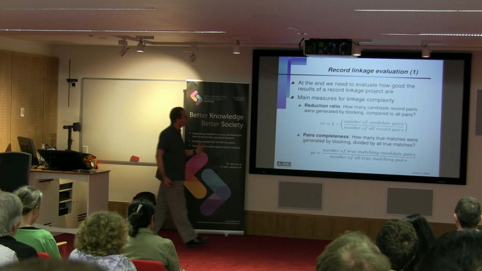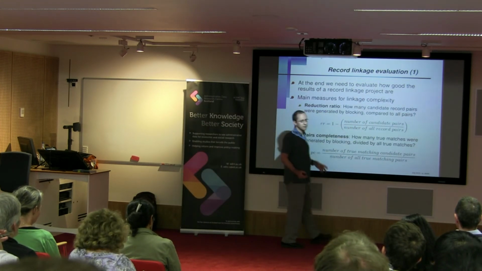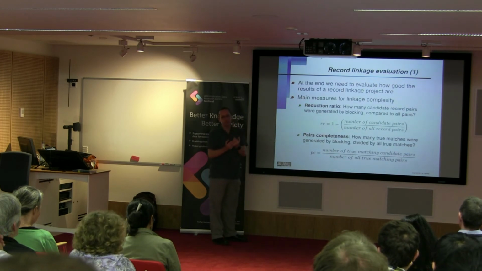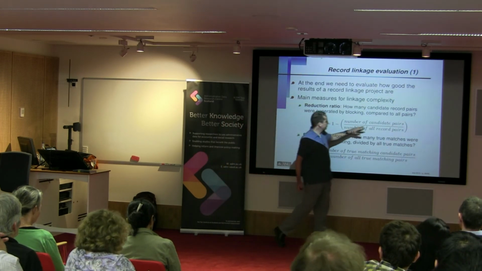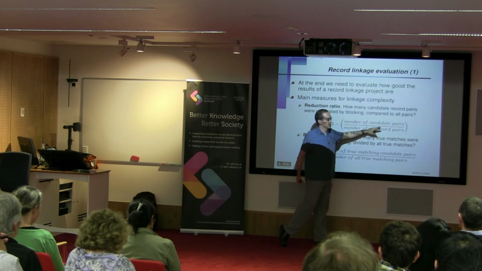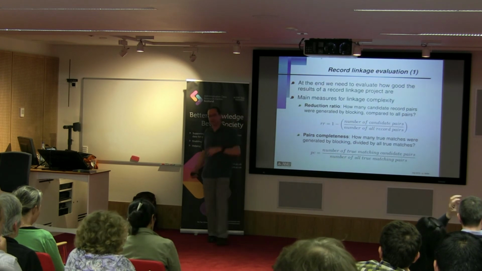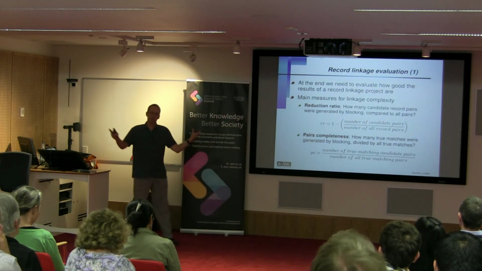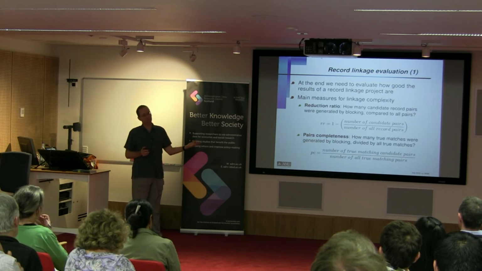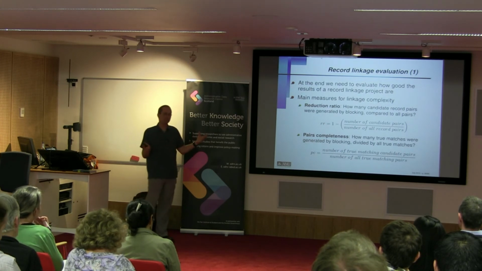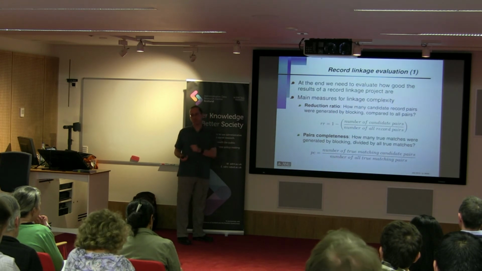So it's basically the number of candidate pairs which our blocking generated, the number of things which you're actually going to compare, divided by the potential number of all record pairs. The smaller this is, the larger the reduction ratio gets. So a higher reduction ratio means we've reduced the complexity of the process a lot. A reduction ratio of 0.5 means you're still doing 50% of all possible comparisons, which you don't want, right?